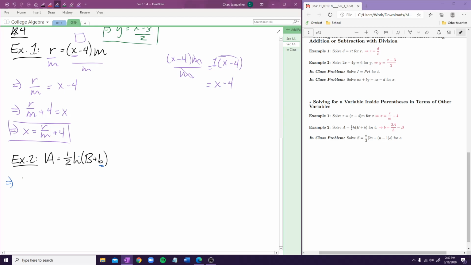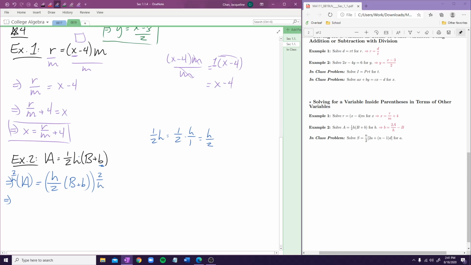Okay, so let me rewrite this so it'll be easier for you guys to see. When I have 1/2 h, this is also the same as saying 1/2 times h over 1. So this is h over 2, right? This is h over 2 times big B plus little b, right? So now this will be easier to see when I tell you. So what do I multiply? I'm going to multiply both sides by 2 over h.